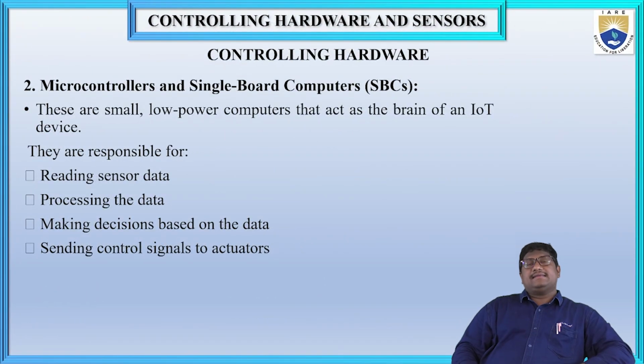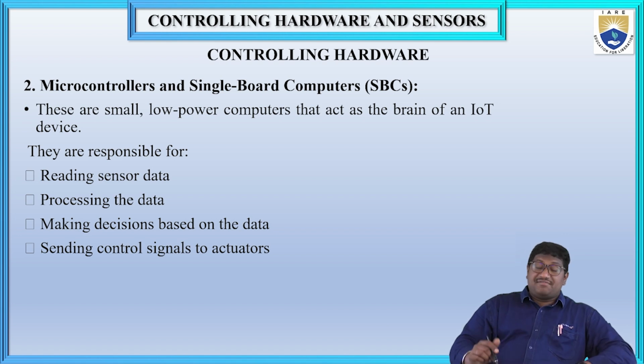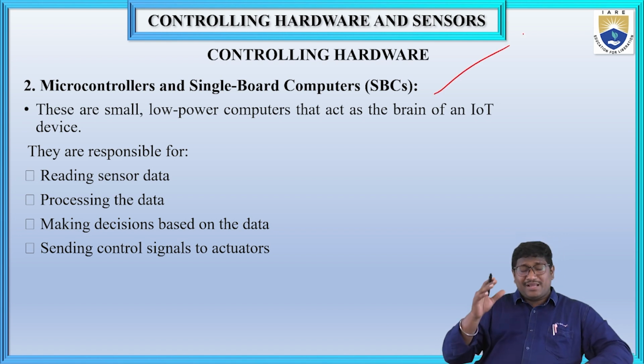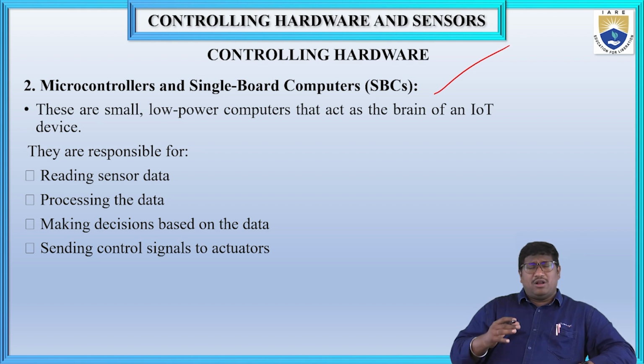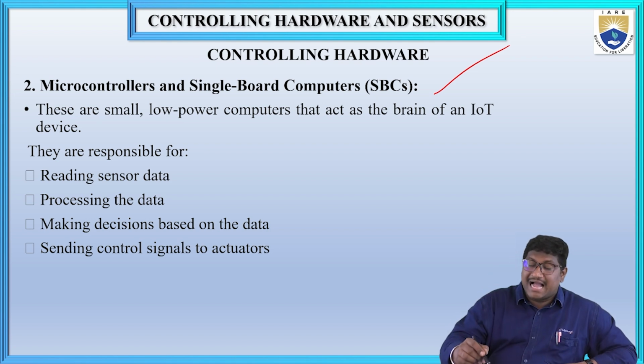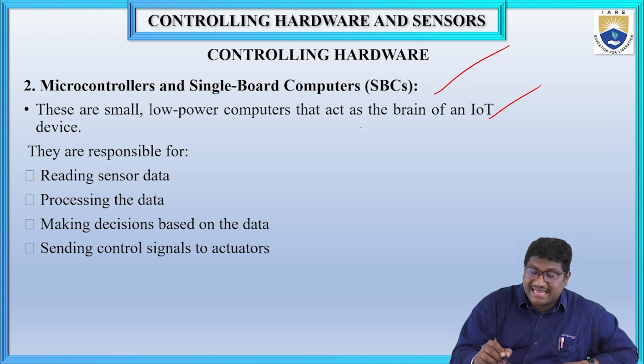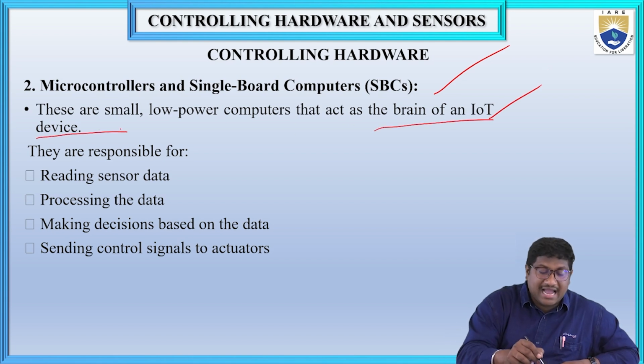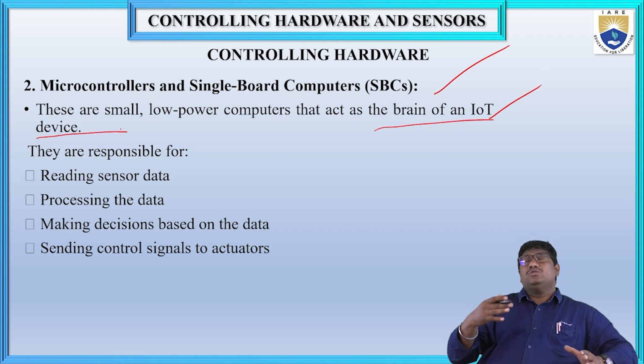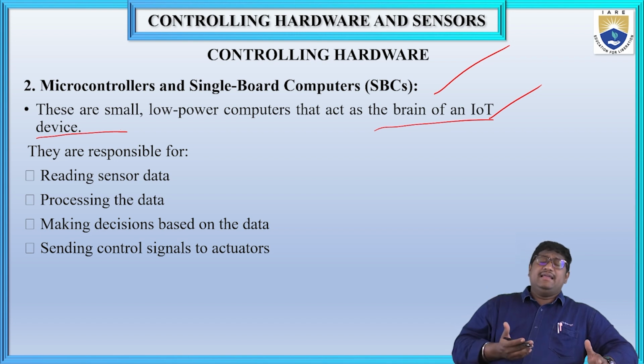Now take another example of controlling hardware, which is microcontrollers and single board computers. Microcontrollers with SBCs. Basically, these are very small and low power computers which act as the brain of our IoT device. How are these responsible in controlling hardware and sensors?